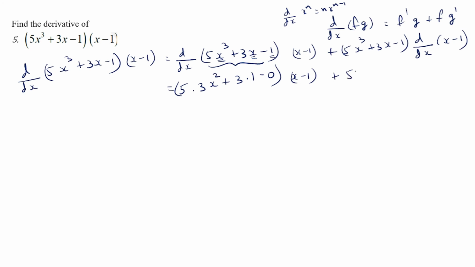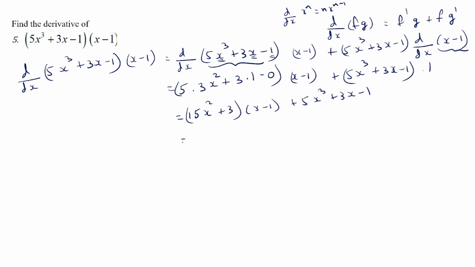Then plus 5x cube plus 3x minus 1 into derivative of x minus 1 is 1. So this is equal to 15x square plus 3 into x minus 1 plus 5x cube plus 3x minus 1.